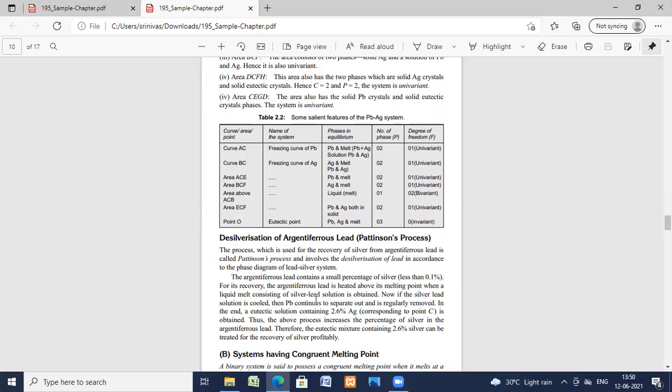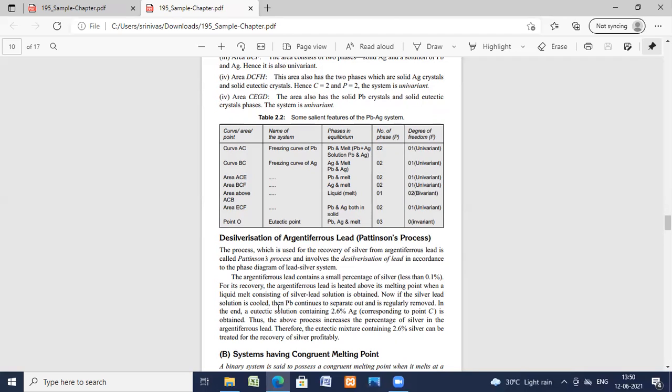Then lead continues to separate out and is regularly removed. At the end, the eutectic solution contains 2.6%. Every now and then as the solution is cooled, lead, due to its melting point, separates out, and regularly we remove the lead from the solution.